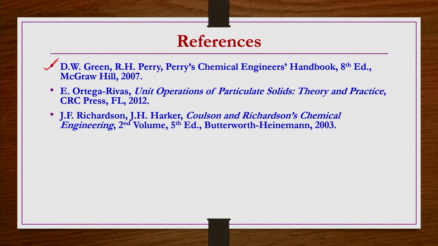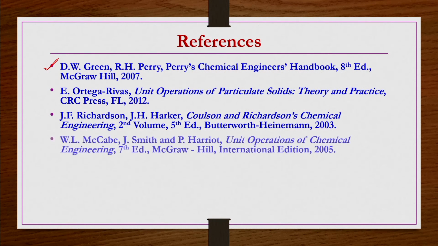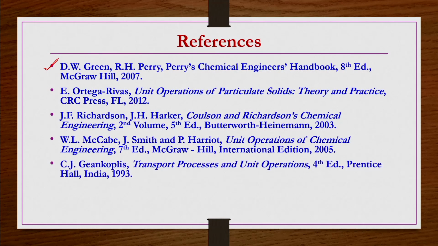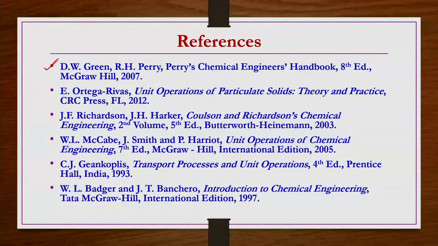Other reference books are Coulson and Richardson's Chemical Engineering series, second volume by Richardson and Harker. Then Unit Operations of Chemical Engineering by McCabe, Smith and Harriott, that can also be a good reference. And then Transport Processes and Unit Operations by Geankoplis. Finally, Introduction to Chemical Engineering by Badger and Banchero can also be a good reference book for the lecture that has been presented today.